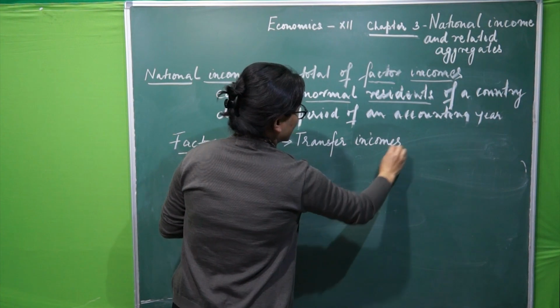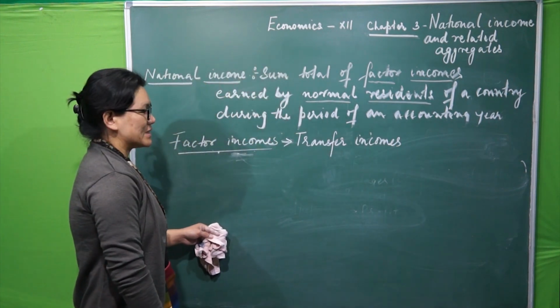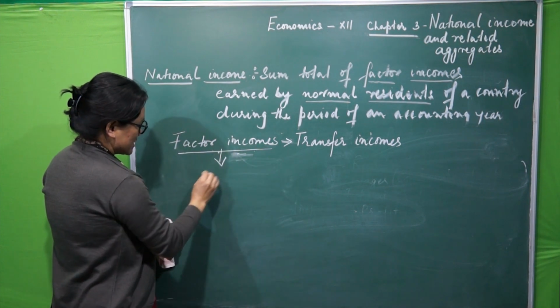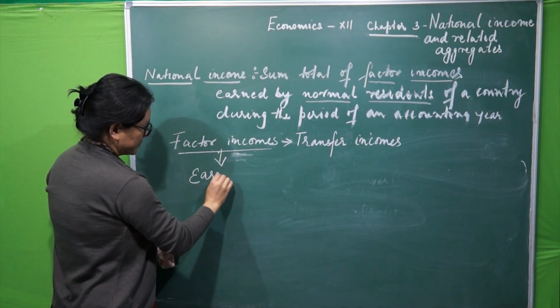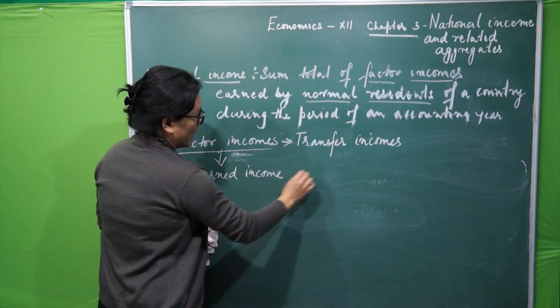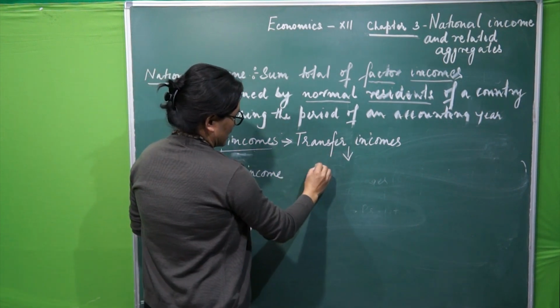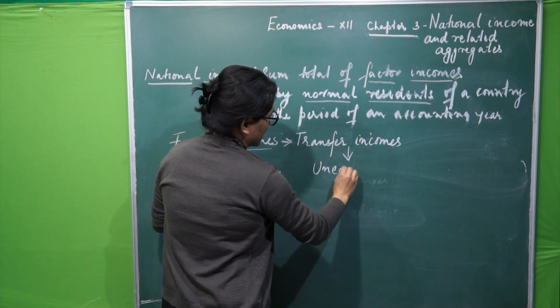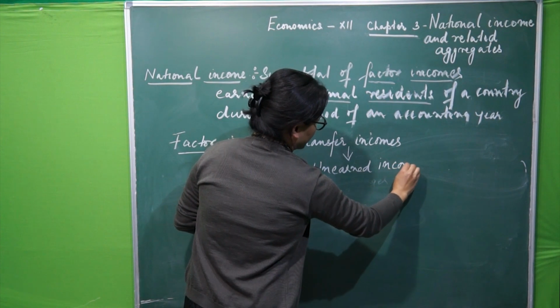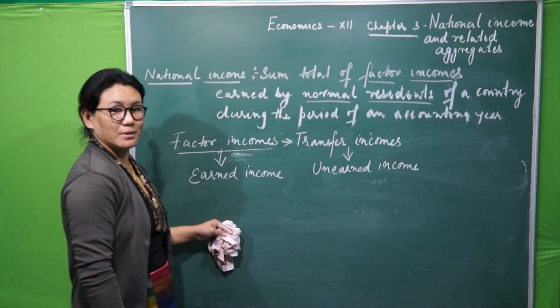What is transfer income? What is the difference between these two? I said this one is earned income and this one is unearned income.